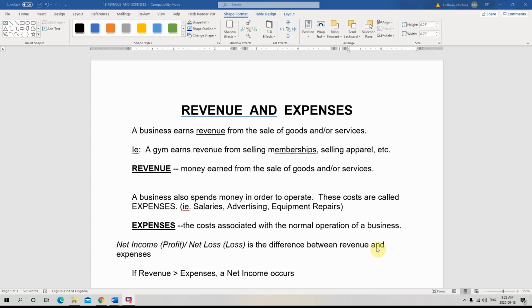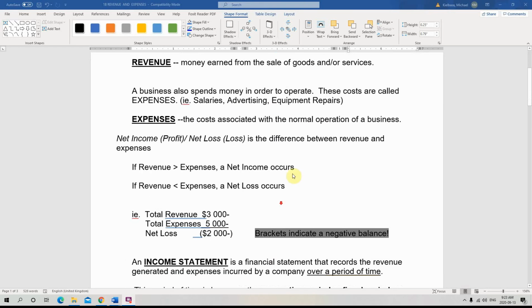Now, in accounting, a company earns a net income if the revenue that the company earns is greater than its expenses. So again, if revenue is greater than expenses, we have a net income. Now, if the revenue is less than the expenses, we have a net loss.